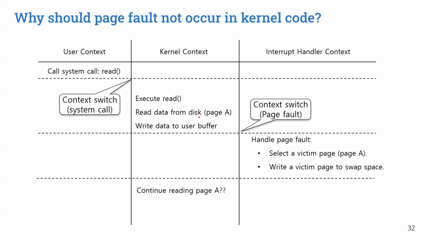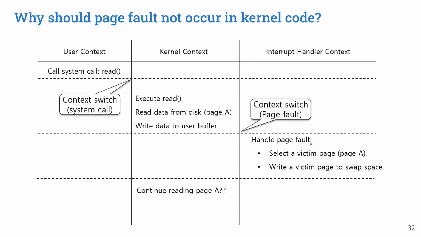Let's say the content is recorded in page A, which is a physical page, and then it will write the data to the user buffer. And during the reading from the disk, let's say another context switch happens. Another process requires something, and the context switch happens by a page fault.